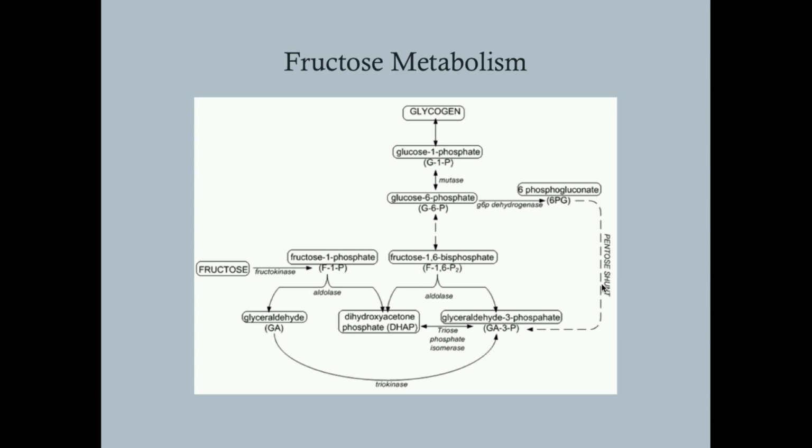Now, we're not talking about the pentose phosphate shunt here, but there is a way that you can skip fructose 1,6-bisphosphate and go from glucose 6-phosphate through a number of steps, a few of which are irreversible, to glyceraldehyde 3-phosphate and then continue on glycolysis that way.